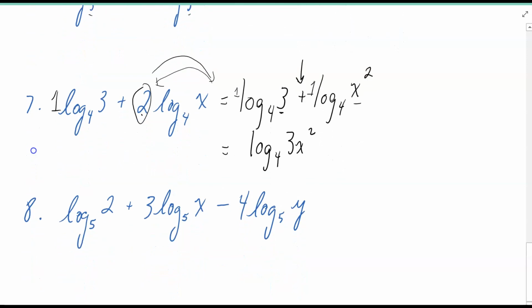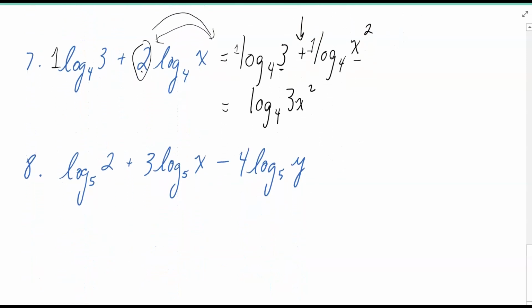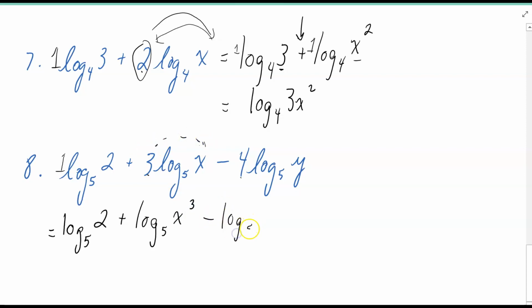Here's a complicated one right here. Remember, leading coefficient 1 before we combine. That one's got a 1. This one doesn't. We'll have to deal with that 3. This one doesn't. We'll have to deal with that 4. So, log base 5 of 2 plus log base 5 of x cubed, that goes back up here, minus log base 5 of y to the 4. Now they're all leading coefficient 1. If I deal with just these two first, we have a sum.